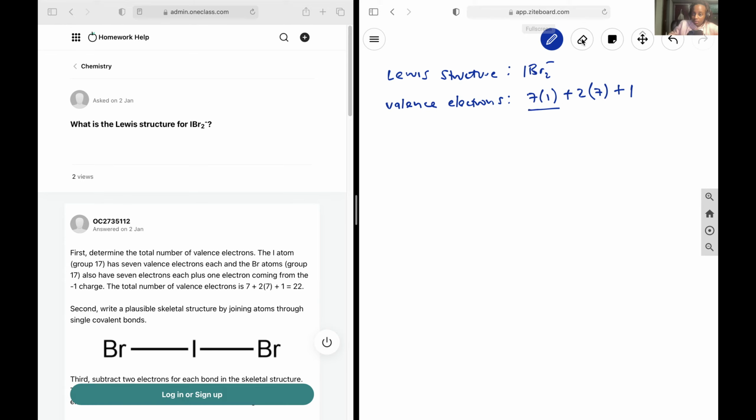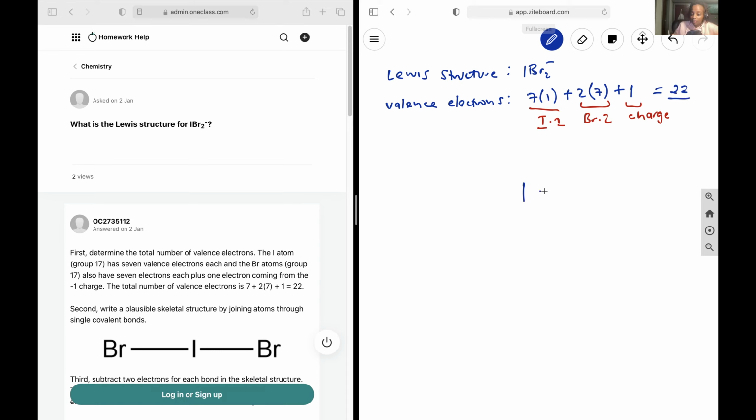So let's just label them. And this is because of the charge. This is going to give us a total of 3 times 7, 21, plus 1, 22. So I have 22 electrons to distribute.